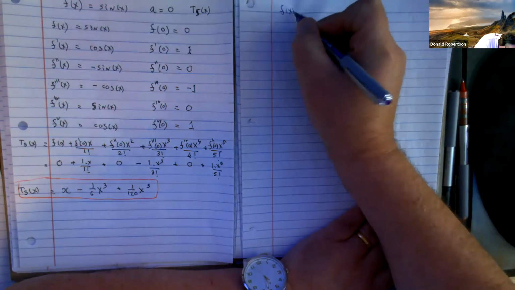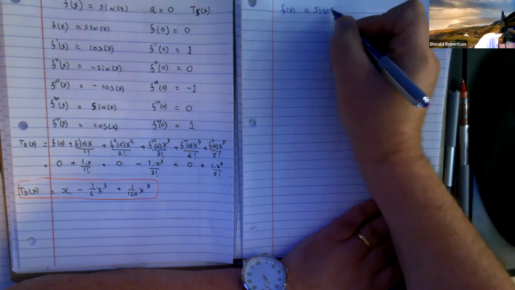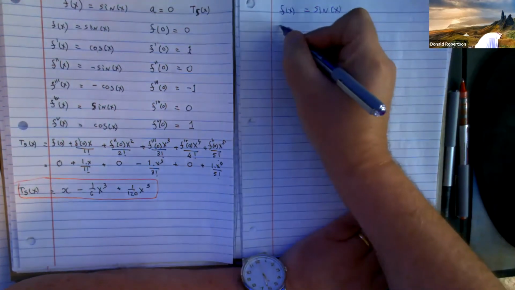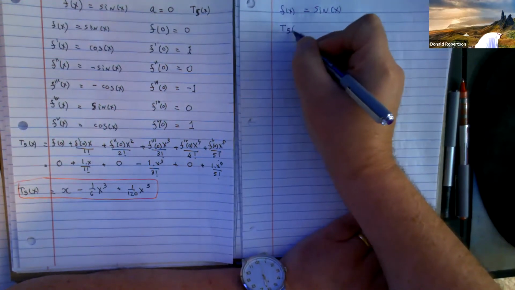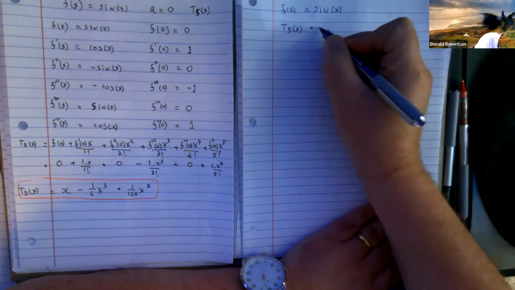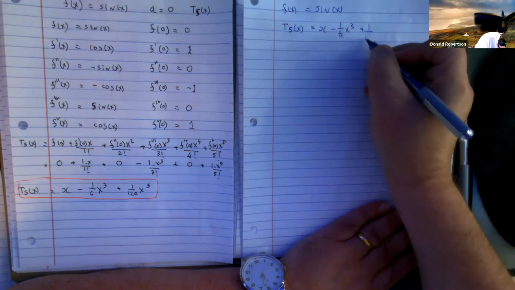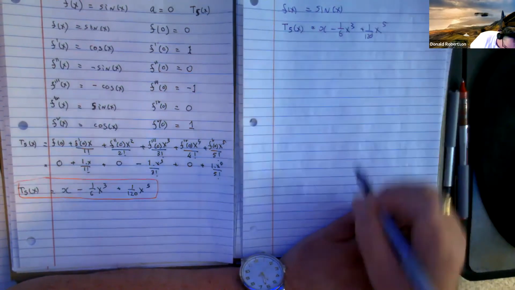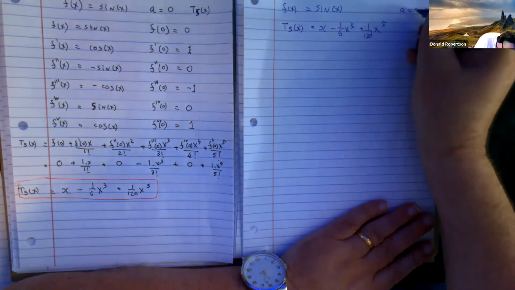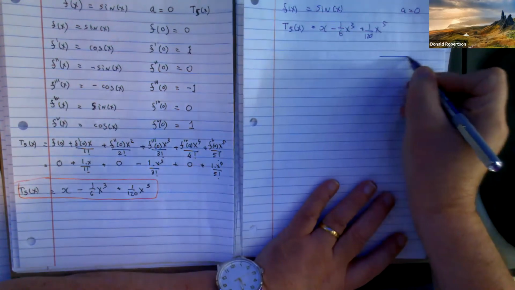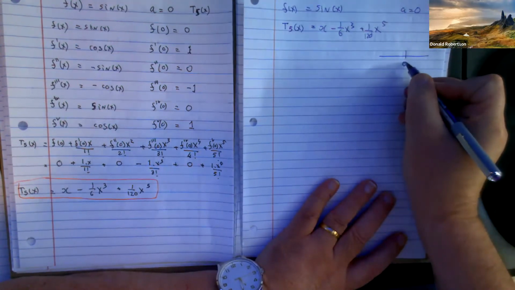The function that we're going to look at right now is sin x, and we're going to find out how good that guy is. And we know it's centered at 0. So just graphically imagine 0.